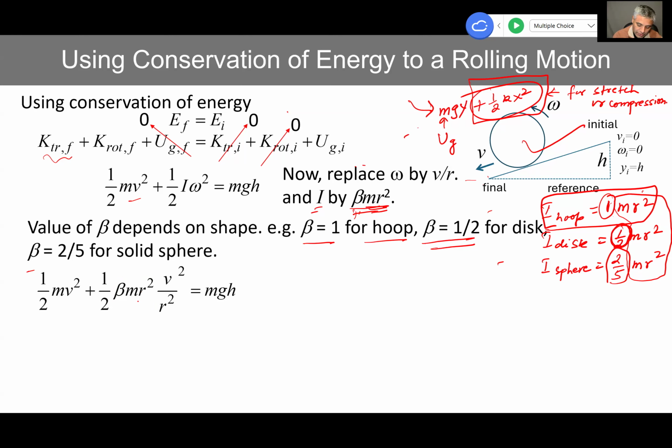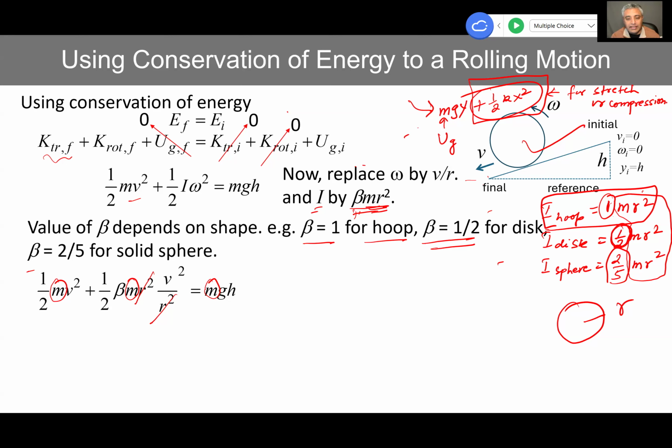See, now this r squared cancels. And what is r? r is the radius of the rolling object. So r canceled. What does that mean? If it is a hoop, whether it is a big hoop or a small hoop does not matter. As long as we know it is a hoop, how big the hoop is does not matter. That's what it is saying when we cancel r squared. Similarly, the mass cancels as well.